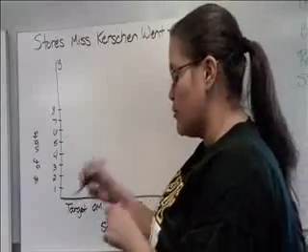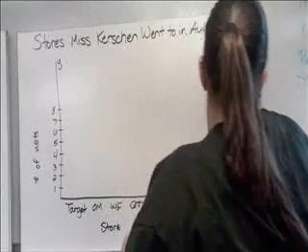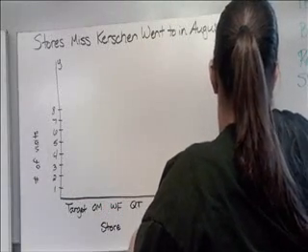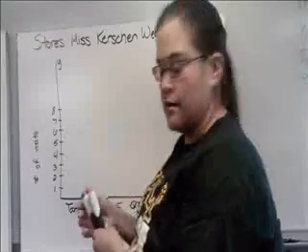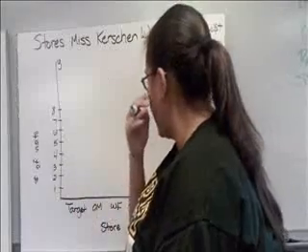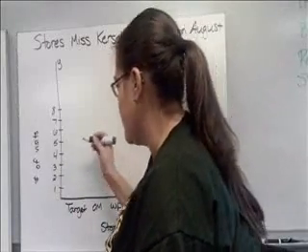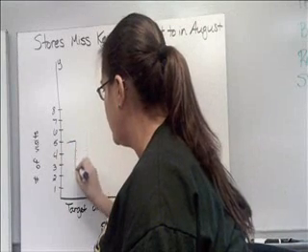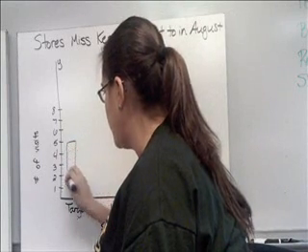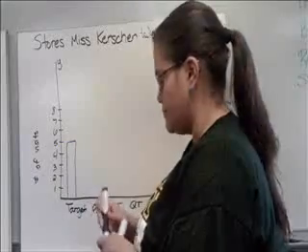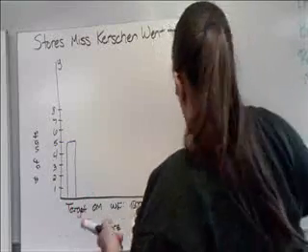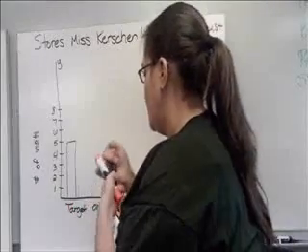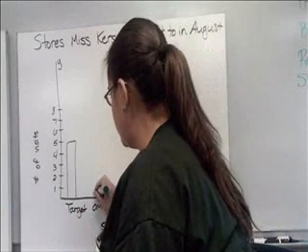So now we're going to make our bars. And we'll use some different colors here. So Target, I believe I visited 5 times. I make my bar. OfficeMax, I visited 3 times.